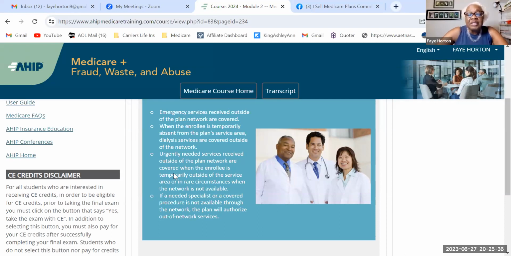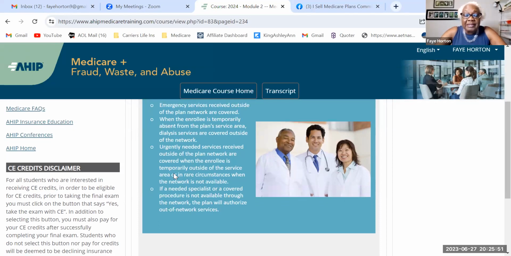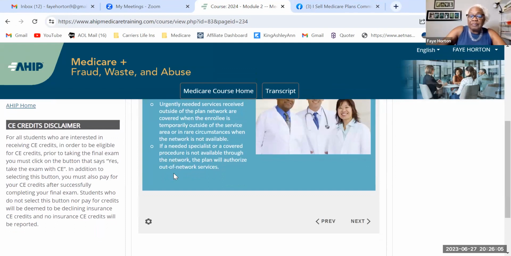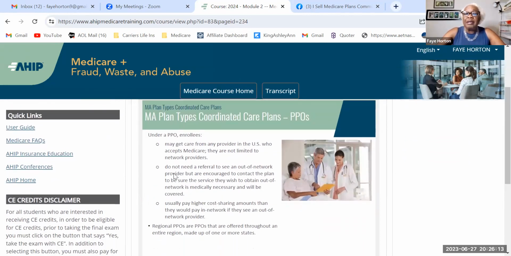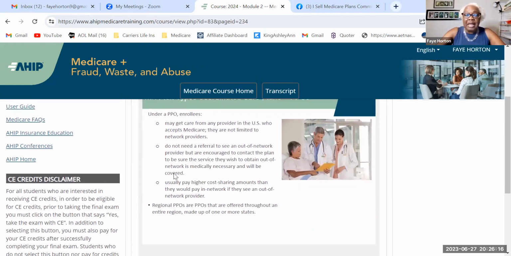Urgently needed services received outside of the planned network are covered when the enrollee is temporarily outside of the service area, or in rare circumstances when the network is not available. If a needed specialist or a covered procedure is not available through the HMO network, the plan will authorize out-of-network services. So those are your exceptions to having services within the HMO when they're outside of the plan's network.